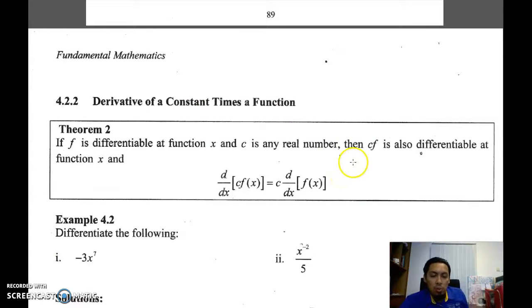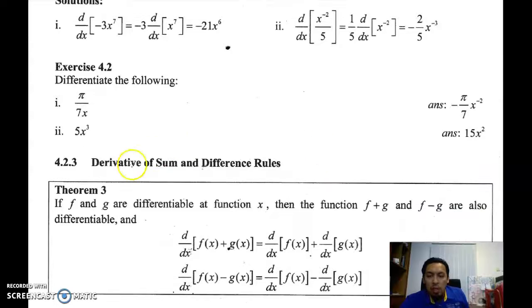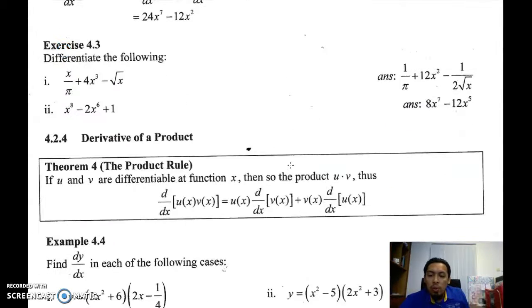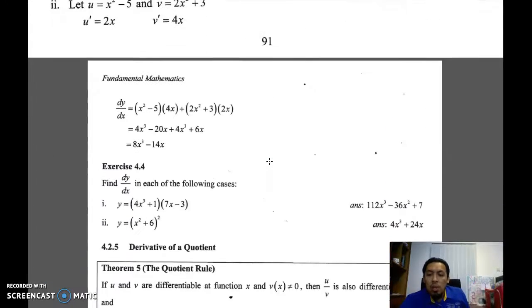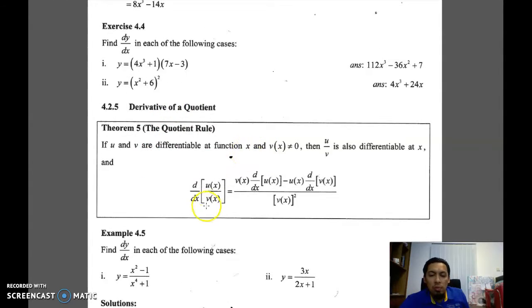Then we want to find the derivative for the sum and difference of functions. We also have the derivative of a product using the product rule, when we multiply functions. And then we have the quotient rule, which involves division.